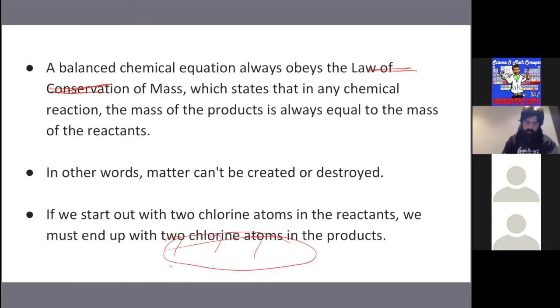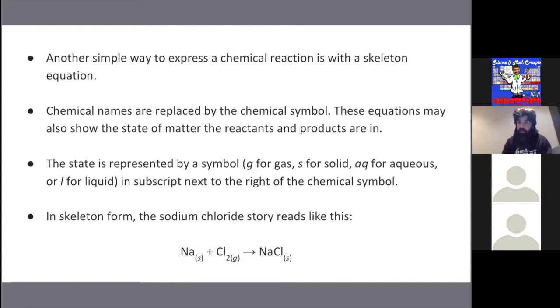Okay. So, moving on. Balancing equations must always obey the conservation of mass. In other words, matter is neither created nor destroyed. If we look at this reaction, notice what we start with, sodium and chlorine. Look at what we have on the product side, sodium and chlorine.